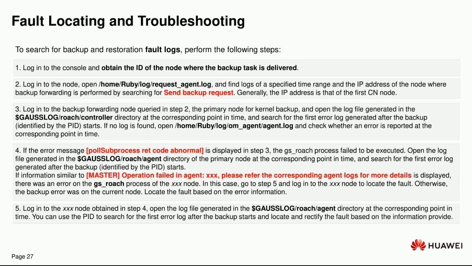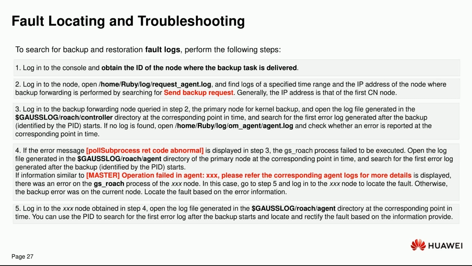Fourthly, if the error message pull subprocess ret code abnormal is displayed in step 3, the GS roach process failed to be executed, open the log file generated in the Gauss log roach agent directory of the primary node at the corresponding point in time, and search for the first error log generated after the backup identified by the PID starts.